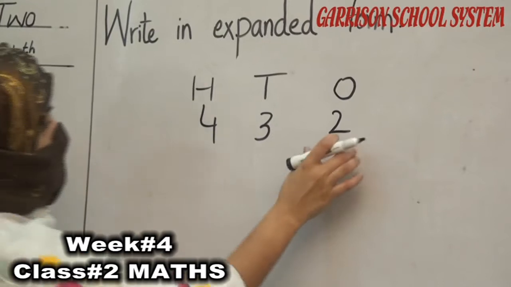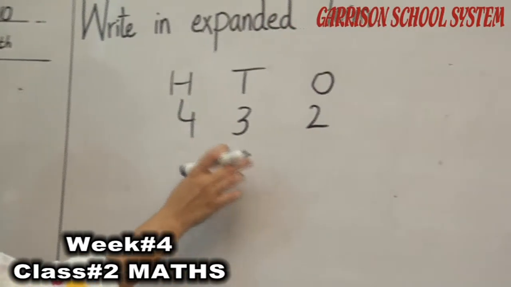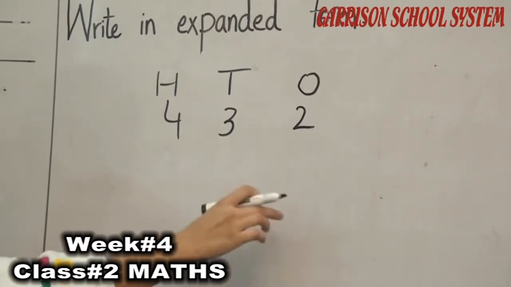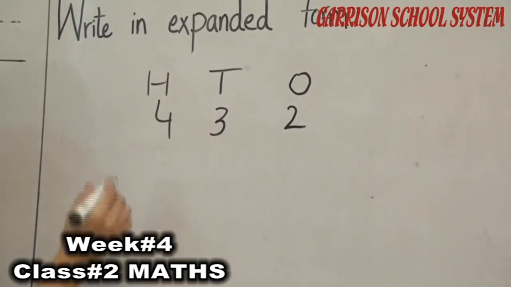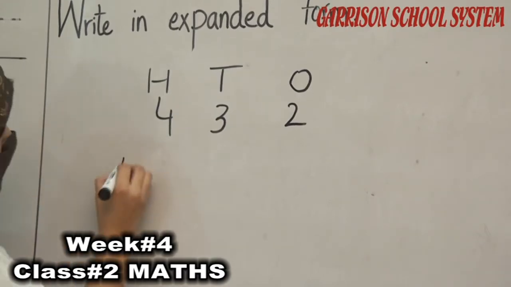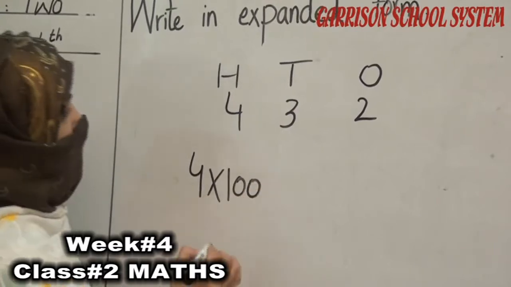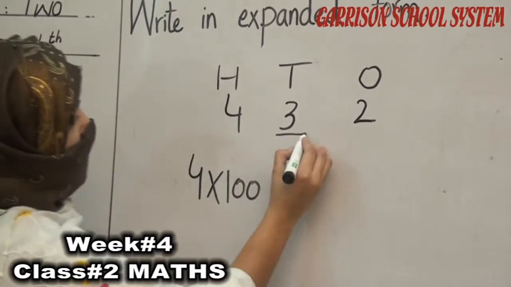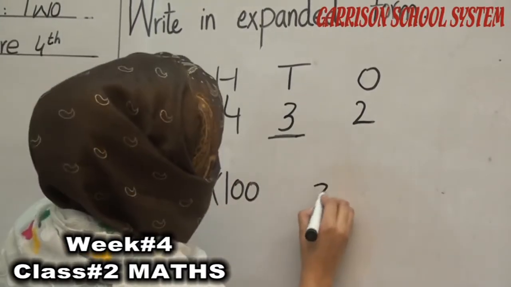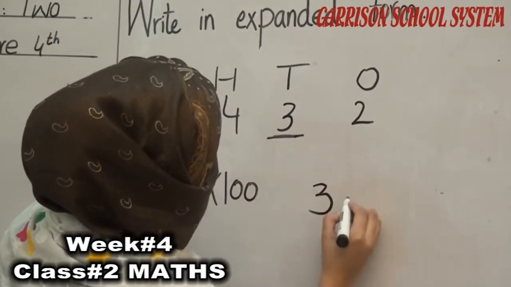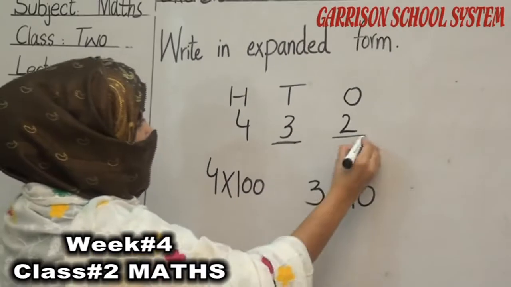So now we have to break them according to their values. Number 4's value is 100, so we write 4 multiplied by 100. Number 3's value is tens, so we multiply 3 by 10. The next number is 2.